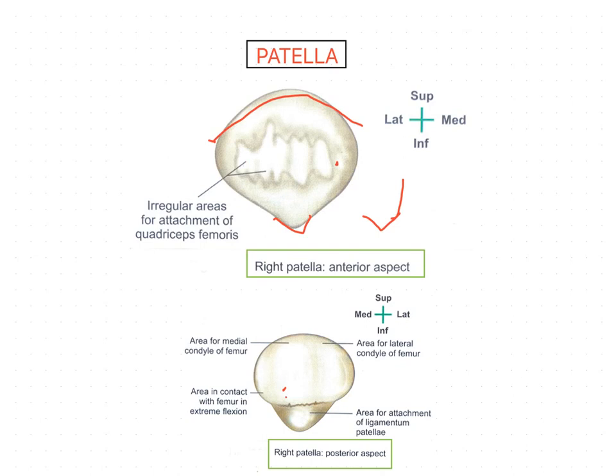By this ridge it is divided into a larger lateral area, this side, and a smaller medial area. So by this we can identify the side, because we can find the lateral side.